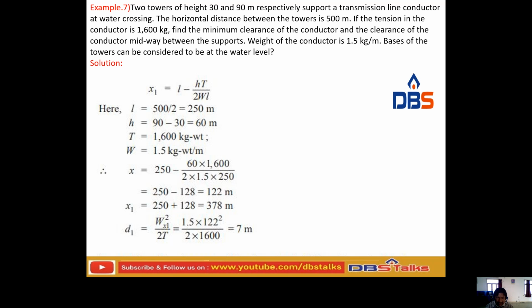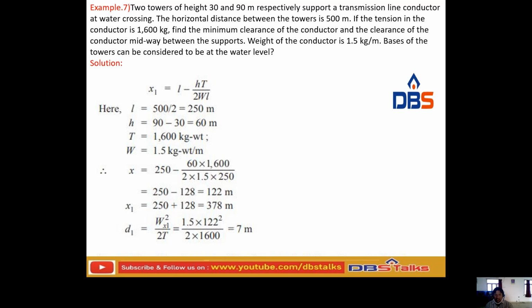W is equal to 1.5 kg per meter. Therefore, x2 is equal to 250 minus 60 into 1600 by 2 into 1.5 into 250, 250 minus 128, that is 122 meters. X2 is equal to 122 meters. Therefore, x1 is equal to 250 plus 128, that is 378 meters.